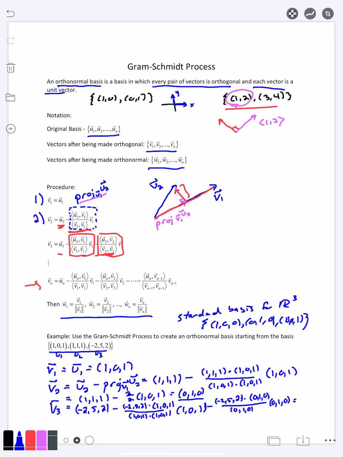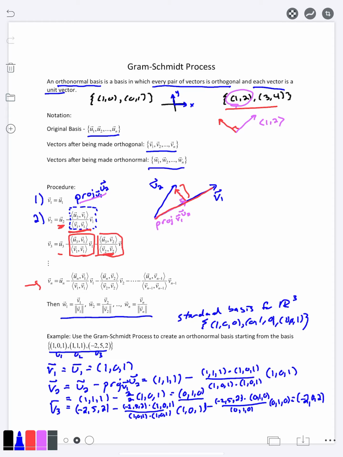And if we do a little bit of work here, the first dot product there is going to be 0, which means you're not going to subtract off anything there. In the second dot product, you're going to have the result 0, 5, 0. And so when you subtract here, you're going to get negative 2, 0, 2. And these are your three v vectors that are all perpendicular.